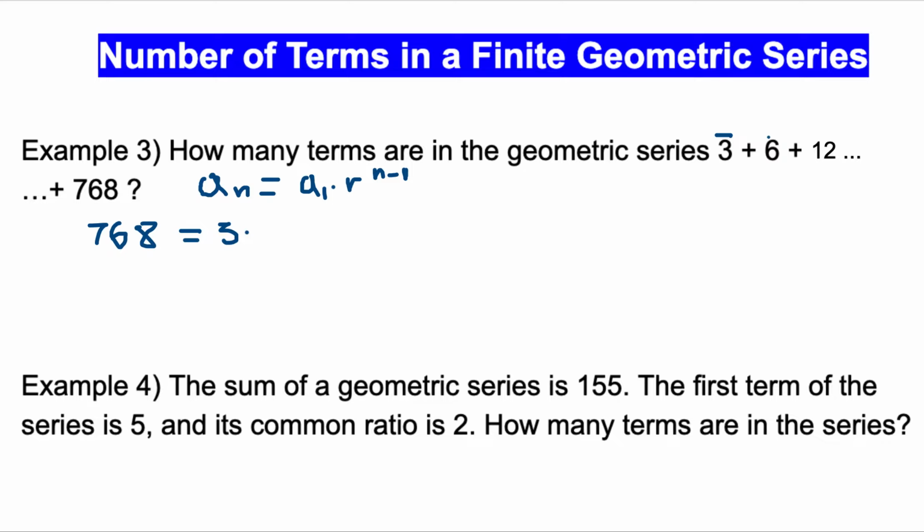The common ratio is what we get if we divide the second term by the first, or every term by the previous term. 6 divided by 3 is 2. 12 divided by 6 is 2. So the common ratio r is equal to 2, in exponent n minus 1.